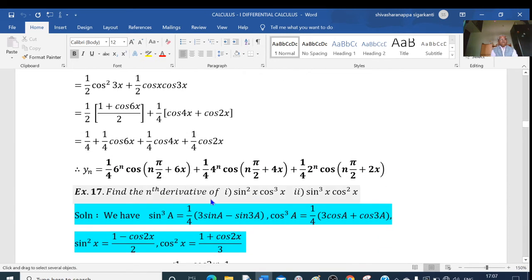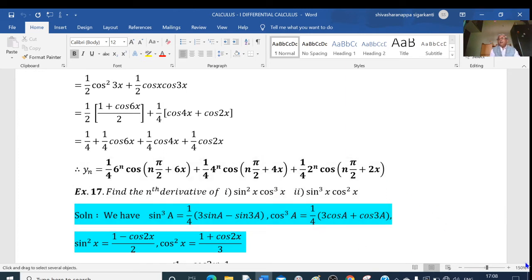So yn is equal to nth derivative of 1 by 4 is 0, plus nth derivative of this is 1 by 4 into 6 power of n into cos of n pi by 2 plus 6x, plus 1 by 4 as it is cos 4x nth derivative is 4 power of n into cos of n pi by 2 plus 4x, plus 1 by 4 into nth derivative of cos 2x is 2 power of n into cos of n pi by 2 plus 2x.